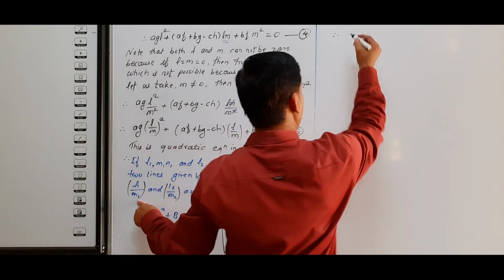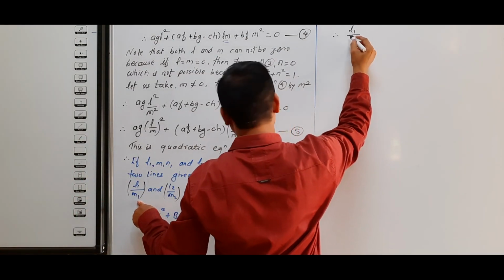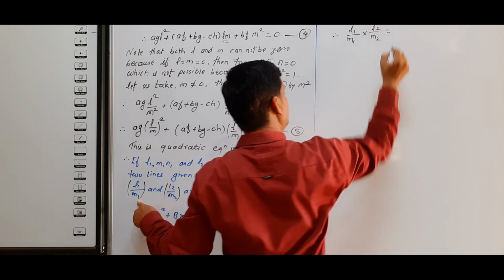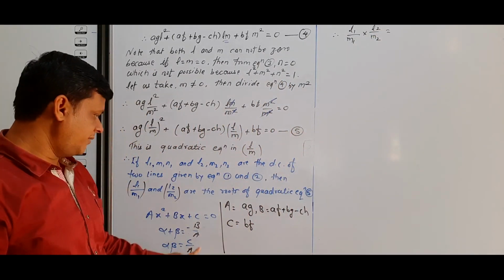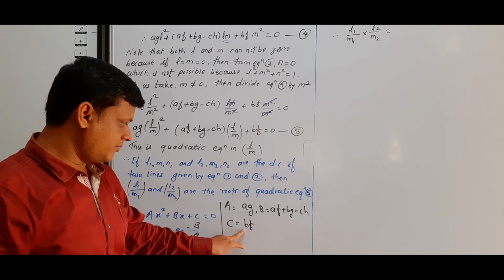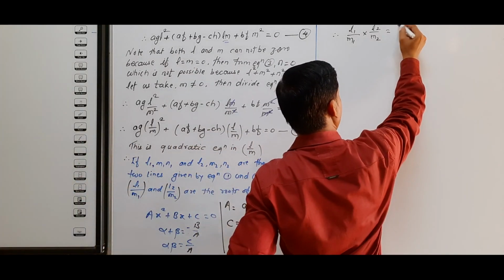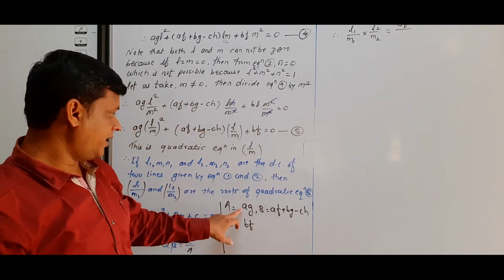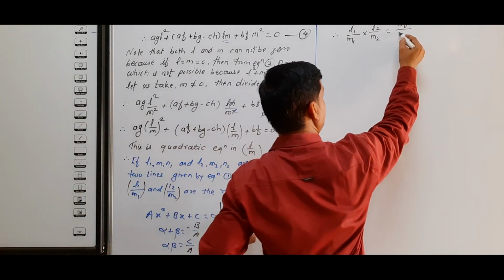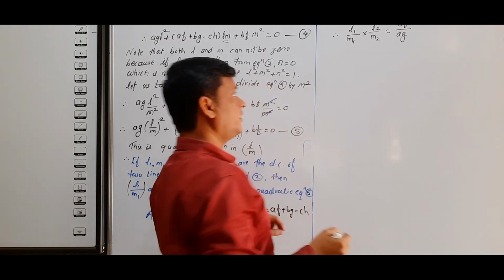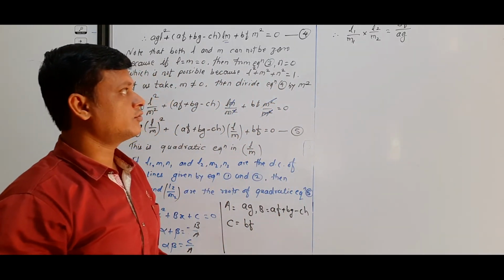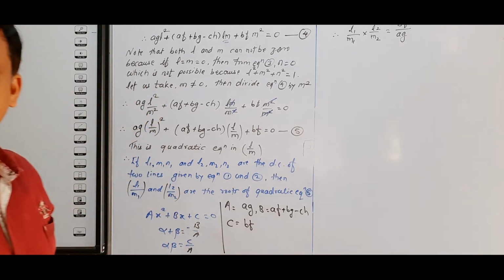Therefore L1 upon M1 into L2 upon M2 is equal to C by A. The value of C is BF and the value of A is AG, so L1 upon M1 into L2 upon M2 is equal to BF upon AG.